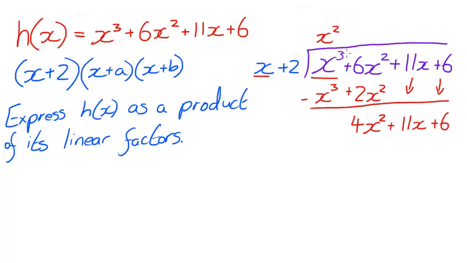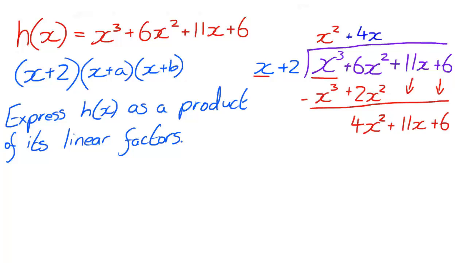Let's start it again. So we have our 4x squared here, the leftmost thing, the greatest amount of x's, if you like, the highest power of x. So what do we need to times x by to get to 4x squared? We have to times it by plus 4x.